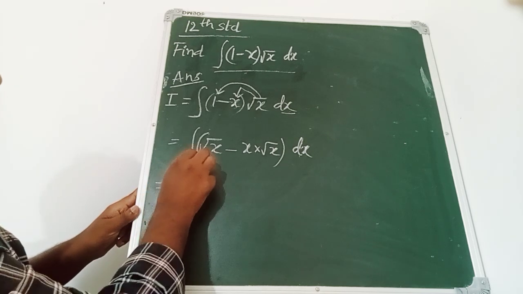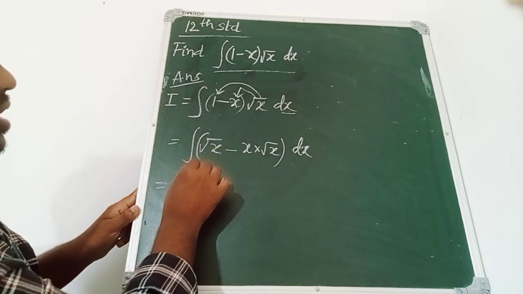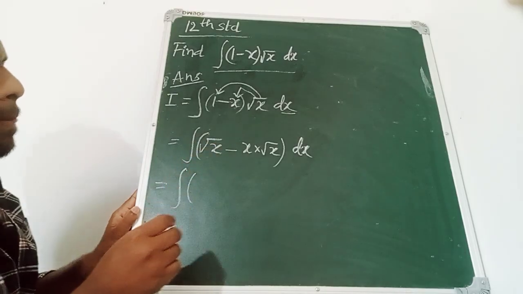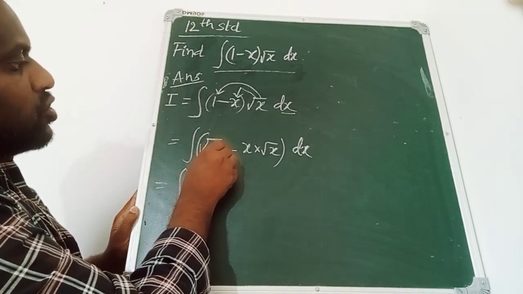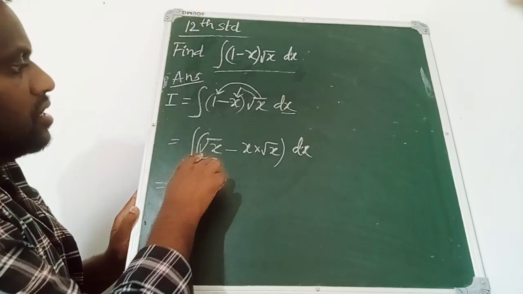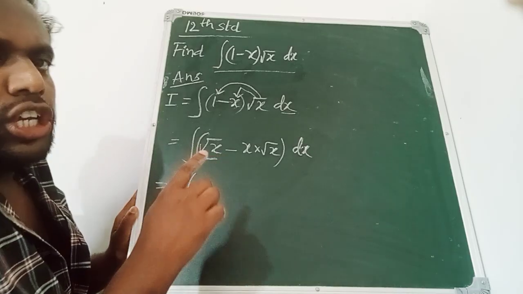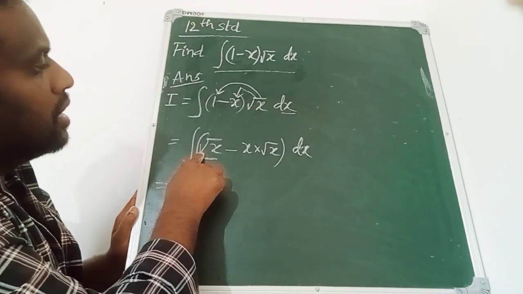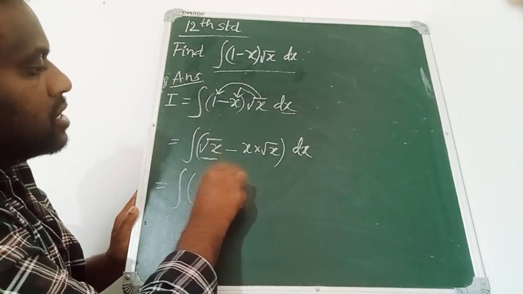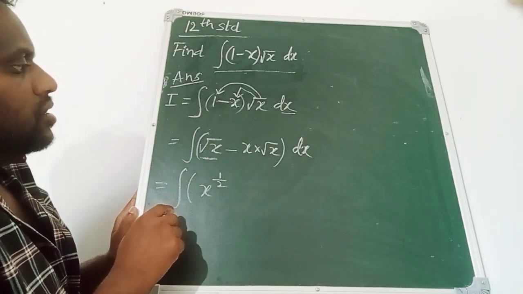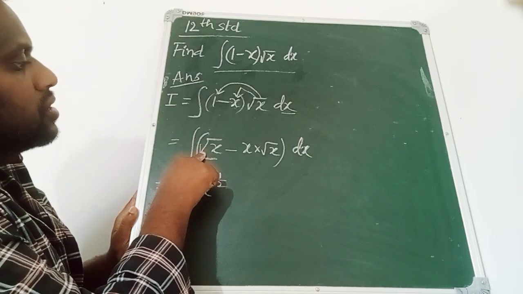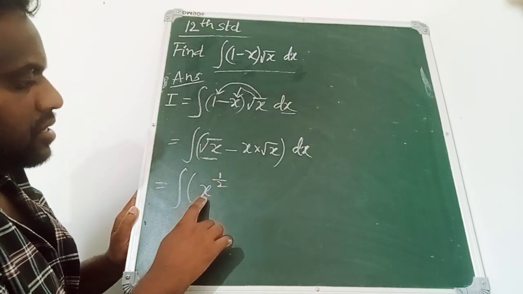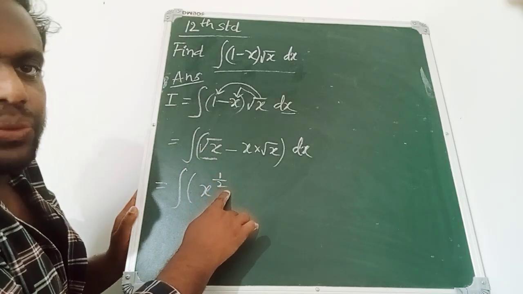Next step, write the integration symbol, bracket. So root x is there. Now first write this. When you remove this root symbol, it becomes 1 by 2 as the power. So root x becomes x to the power of 1 by 2.